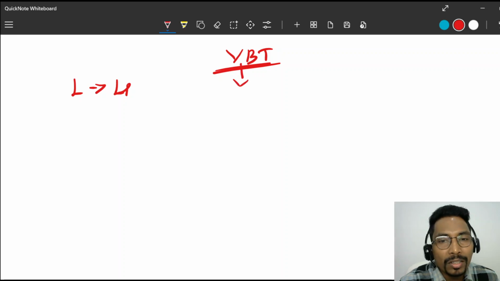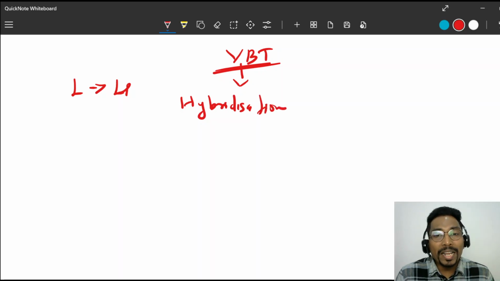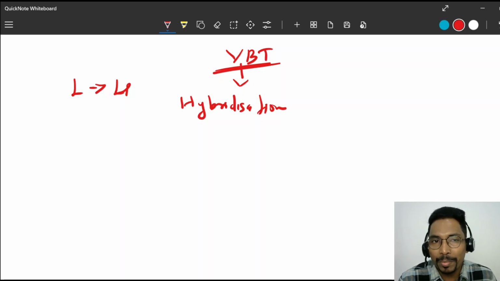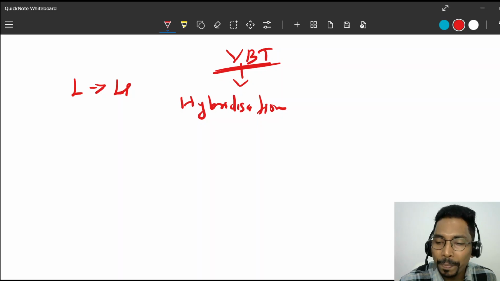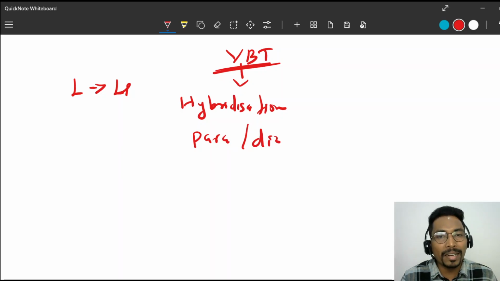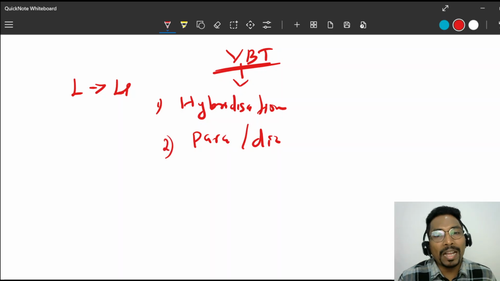If a coordination complex is given, on the basis of valence bond theory you should know how to check the hybridization of the central metal atom in the complex, whether it is sp3 or d2sp3, like that. I'll teach you how to do that. Then you have to say whether the complex is paramagnetic or diamagnetic. So first hybridization, second magnetic behavior.